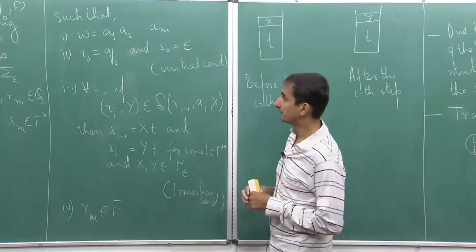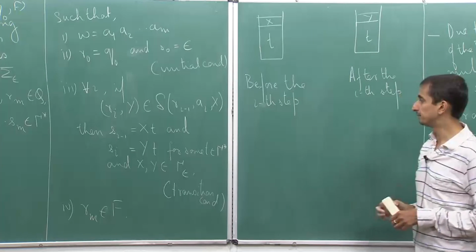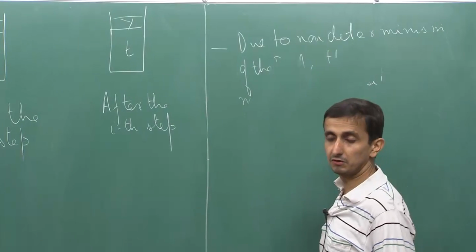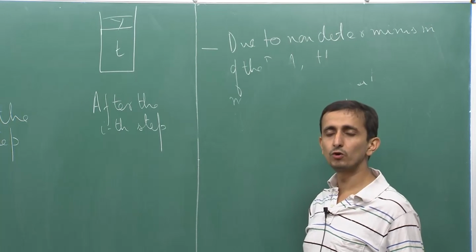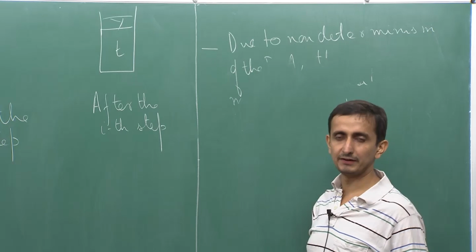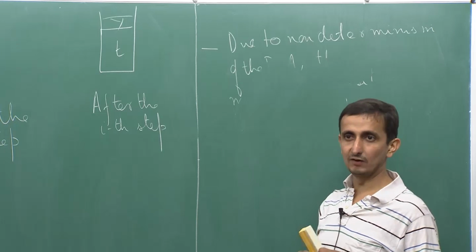So, now enough of definitions, let us look at an example. What we will show is something that will prove that the power of push down automata is more than the power of finite automata. In other words, push down automata can accept non-regular languages.